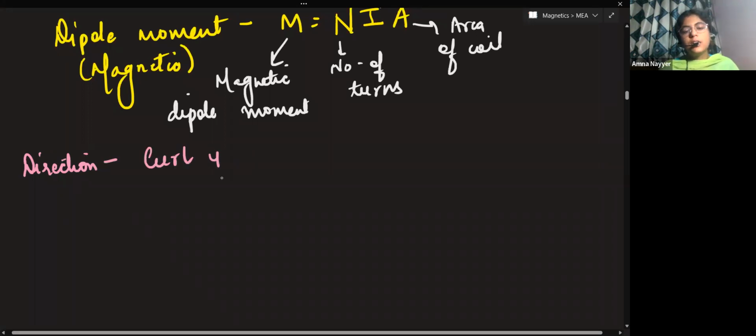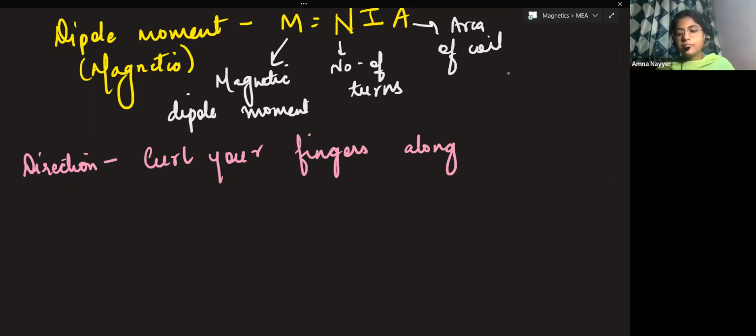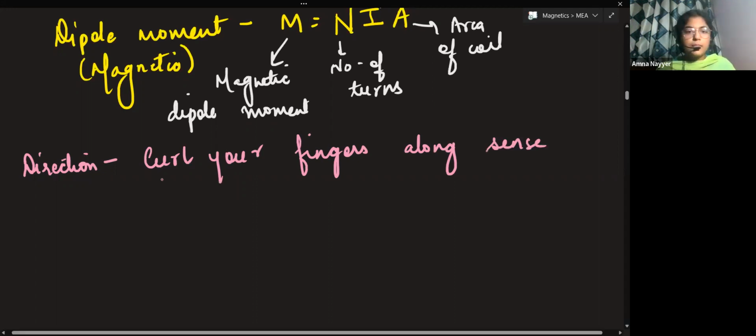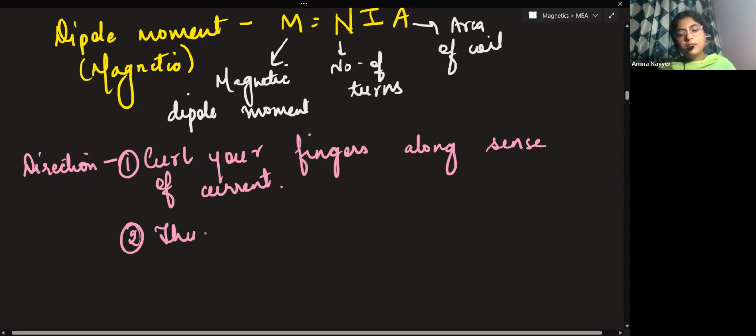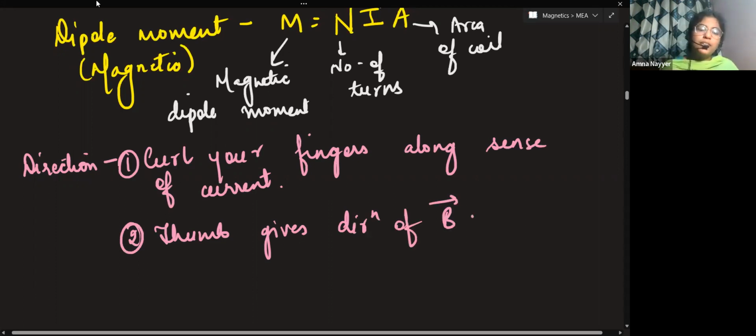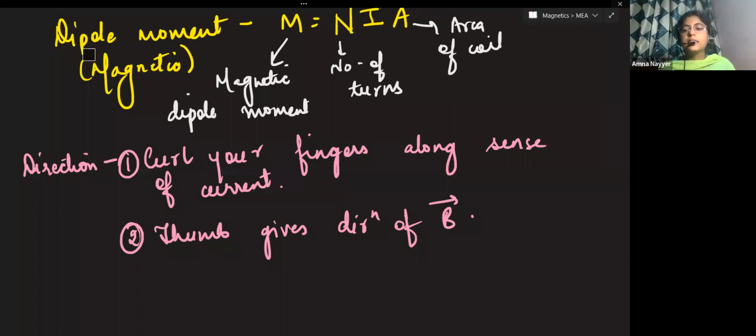First step is curl your fingers along the sense of current. Thumb gives the direction of magnetic field, not magnetic moment.